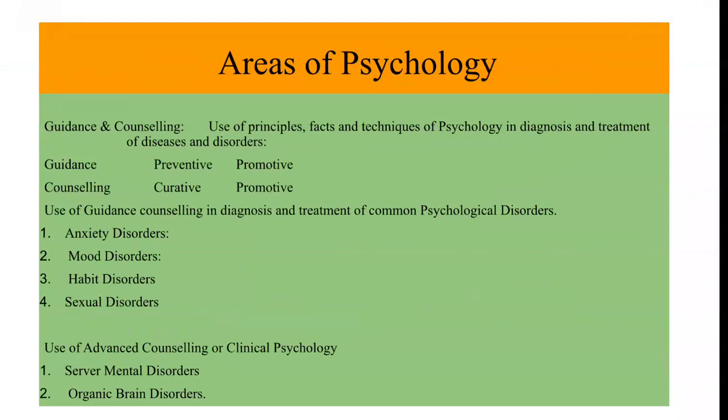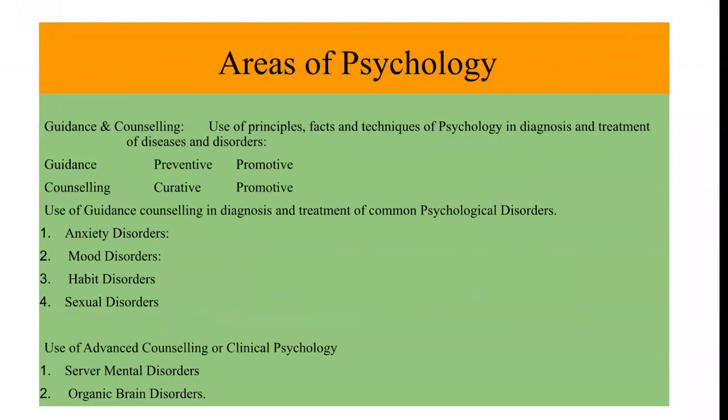Guidance and counseling are used in the following common psychological disorders. Specifically, the anxiety disorders, like generalized anxiety disorder, panic disorder, phobic disorders, etc. Mood disorders comprise mania, depression, bipolar disorder, seasonal affective disorder.